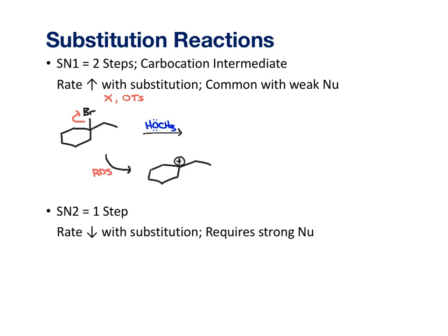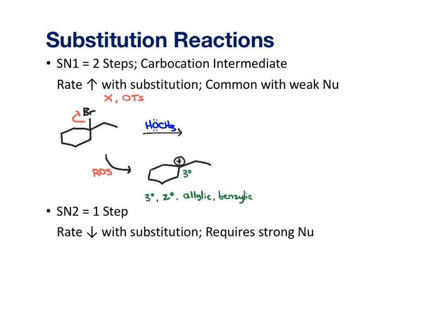And you need to be able to form a relatively stable carbocation for SN1. In this case, it's tertiary. Secondaries we can form, not primary, but also allylic and benzylic can be formed.